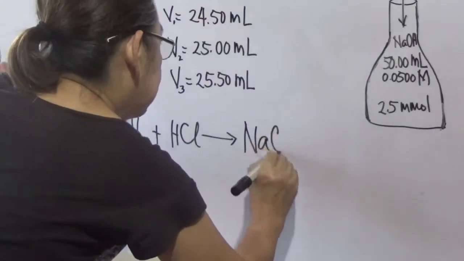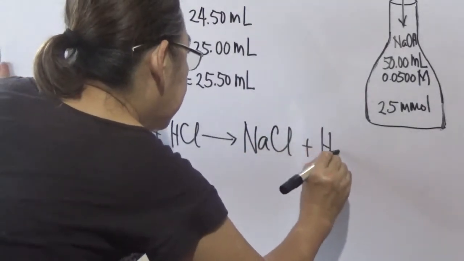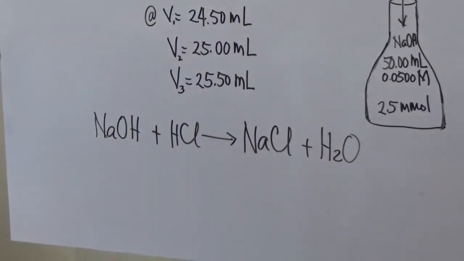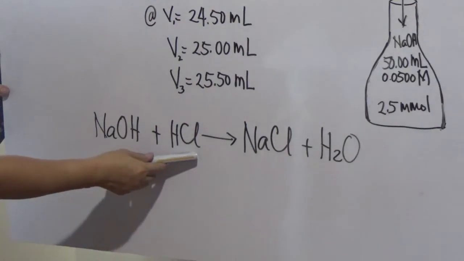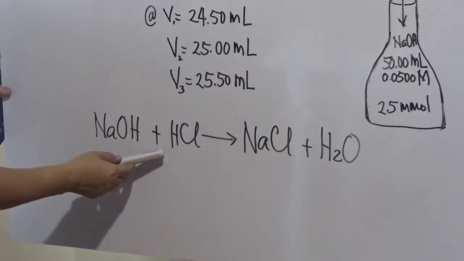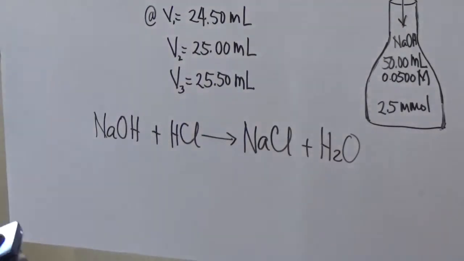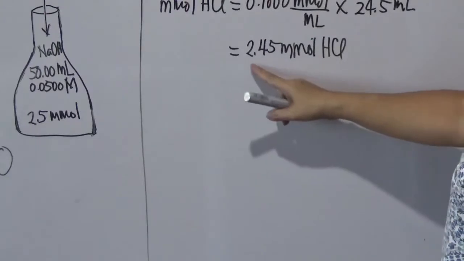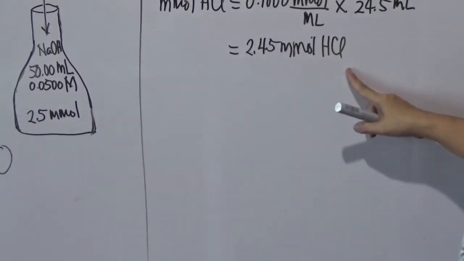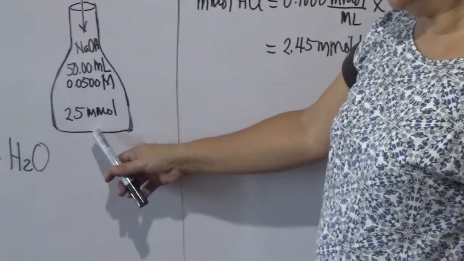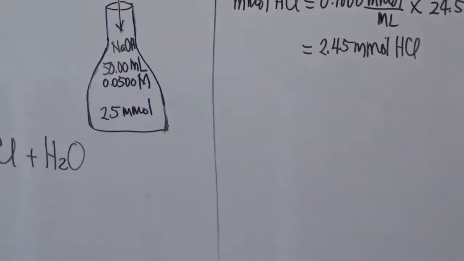So we have sodium chloride and water. Okay, the equation is already balanced. So the relationship between sodium hydroxide and hydrochloric acid is 1:1. So if there will be 2.45 millimole of hydrochloric acid, it will react with how many moles of sodium hydroxide? That is also 2.45.